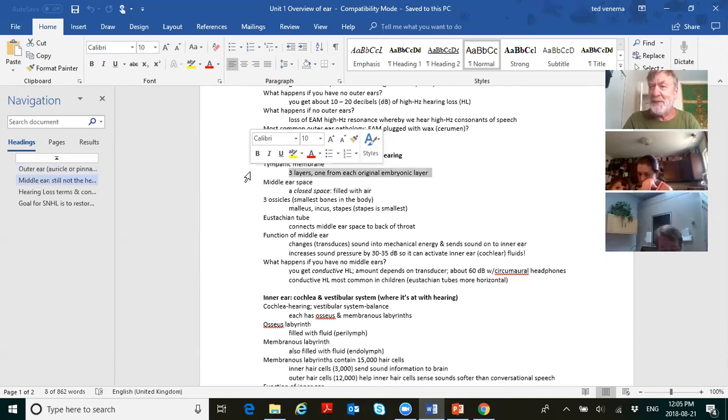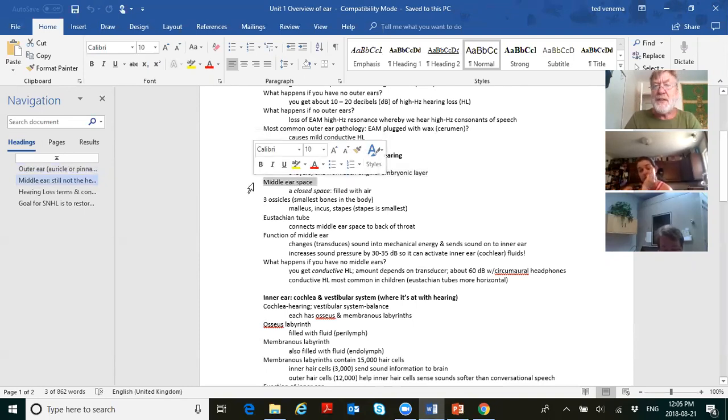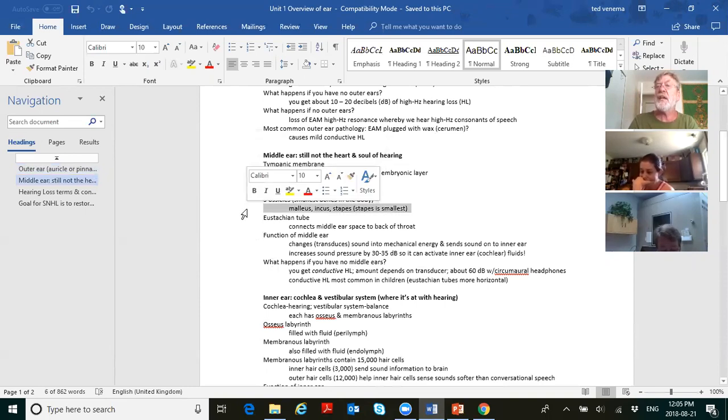There's 1 layer from each of those 3 in your eardrum. The middle ear space, we'll talk more about that later, mañana, don't worry about it. The middle ear space is a closed space filled with air, about the size of a sugar cube. It contains the 3 ossicles, the smallest in the body: the malleus, incus, and stapes.